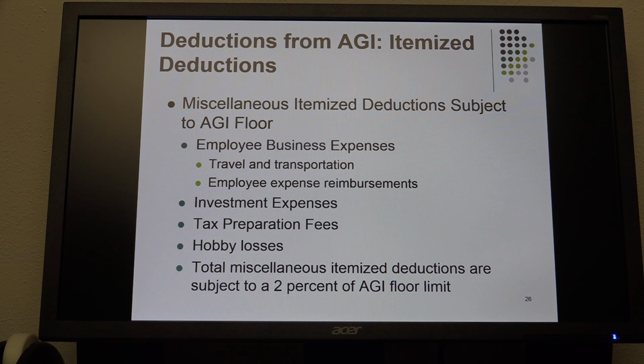And usually for those types of activities, believe me, the expenses far outweigh the revenues received from whatever the activity is. And so you usually have losses. And so the question is, can I deduct those losses?